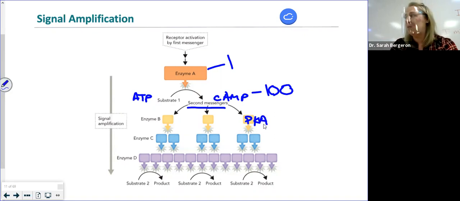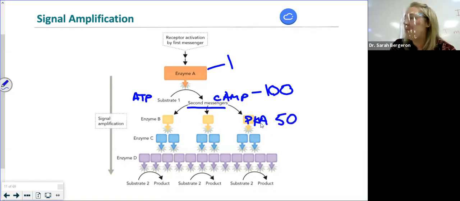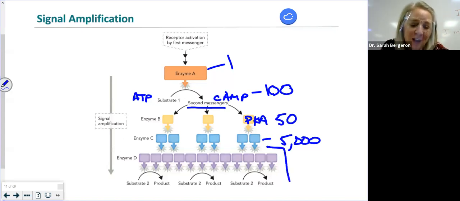So it's an enzyme that will phosphorylate certain things. It's going to make about 50 of them active. Of those 50 PKA molecules, the next enzyme in the pathway is going to end up making 5,000 active molecules.